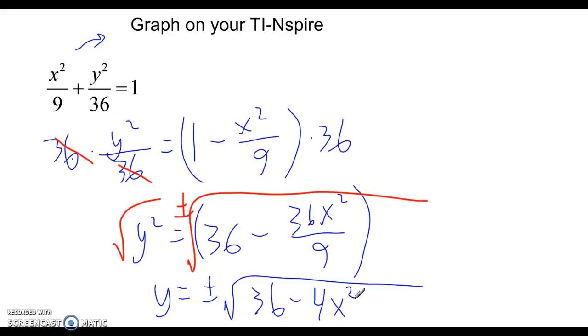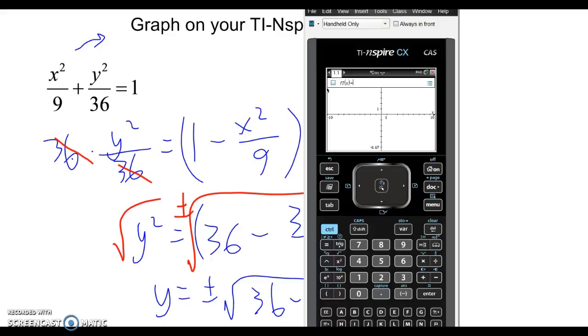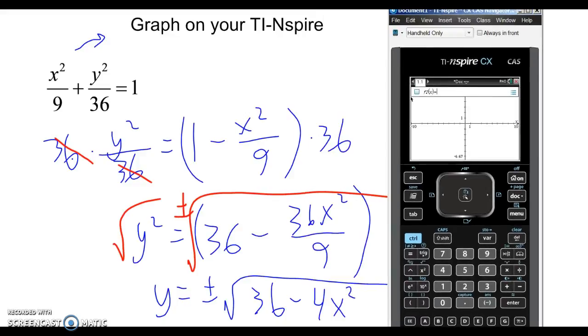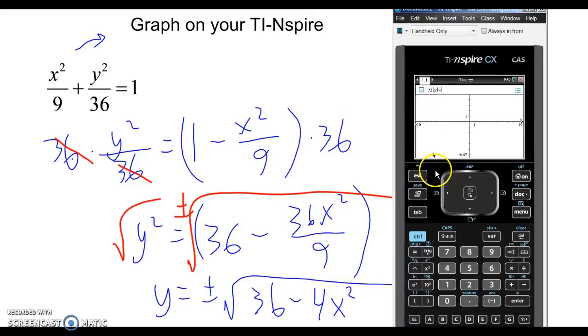And so you're going to graph that in your TI-Nspire. So let's see how to do that. Get your TI-Nspire out, and we're going to graph the square root of 36 minus 4x squared. You can see that's half the ellipse.